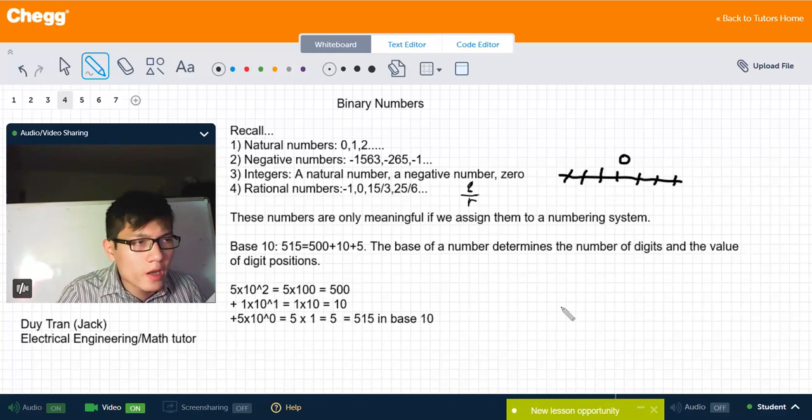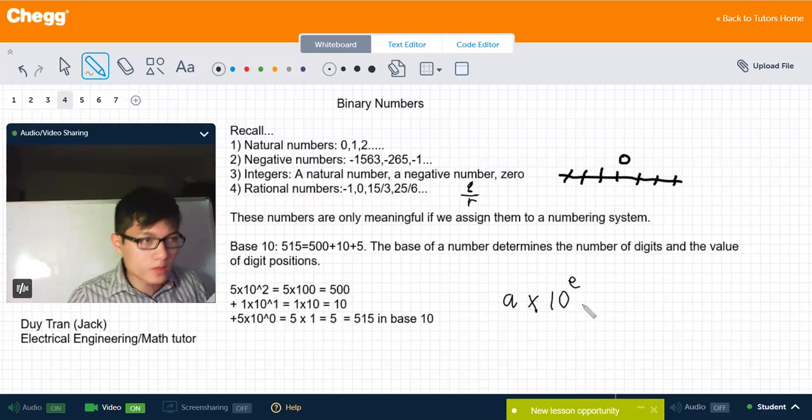So in base 10, the general form is a coefficient multiplied by 10 to the power of an exponent, and the exponent can be 0, -1, and then -2. The exponent is an integer, and the coefficient is an integer also.